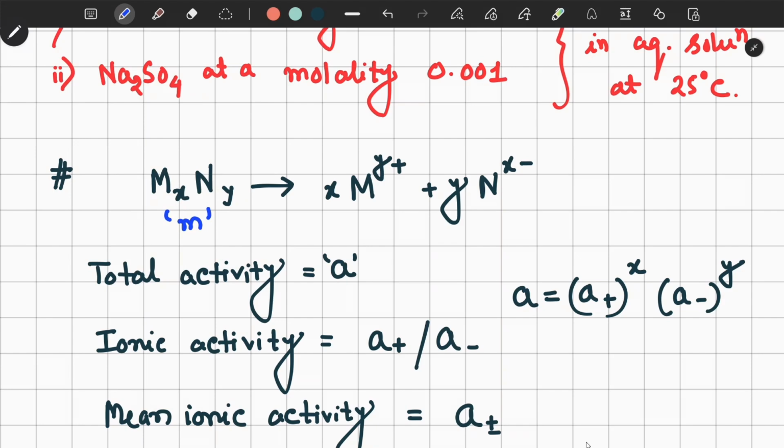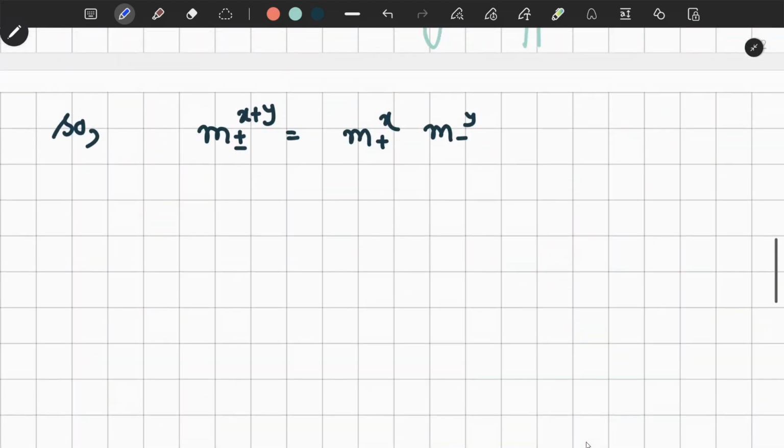We are dissolving the salt, so we can fix the concentration in terms of molarity, normality, whatever it is. If it is m, then after dissolving it should be xm and ym. So m plus is essentially xm, and m minus is essentially ym. Just put it. Then it will be xm to the power x, ym to the power y.